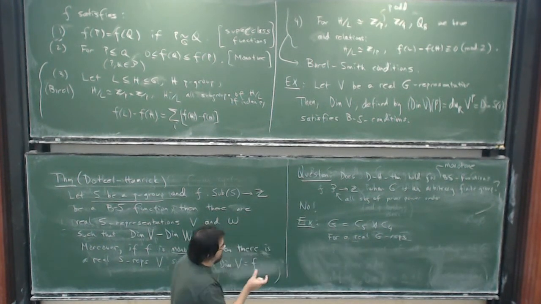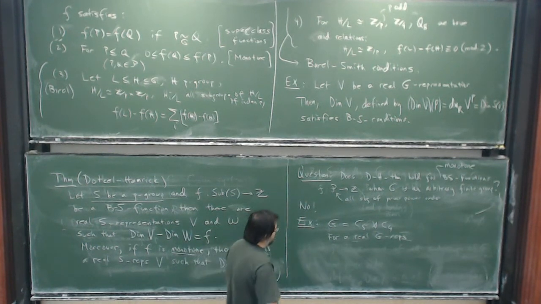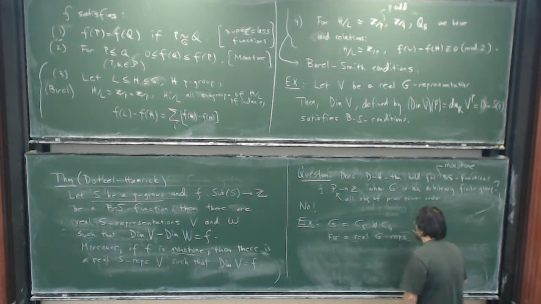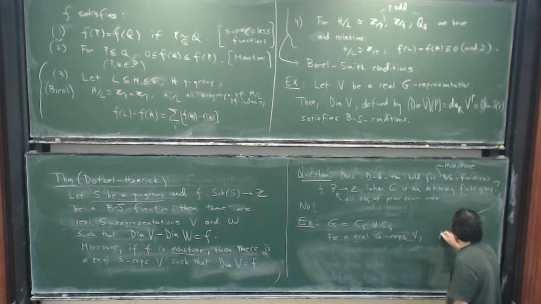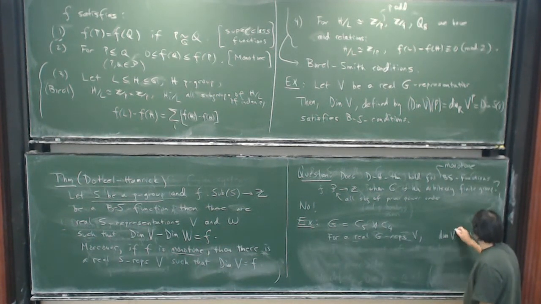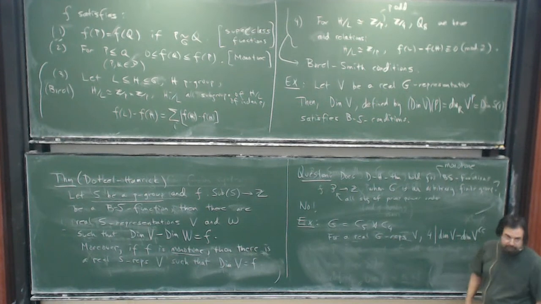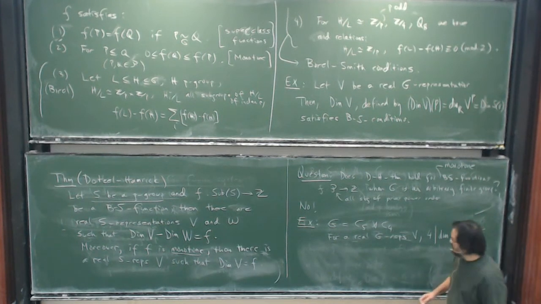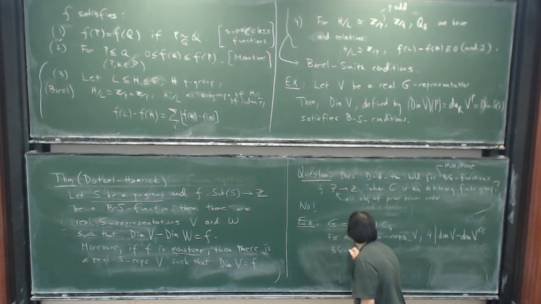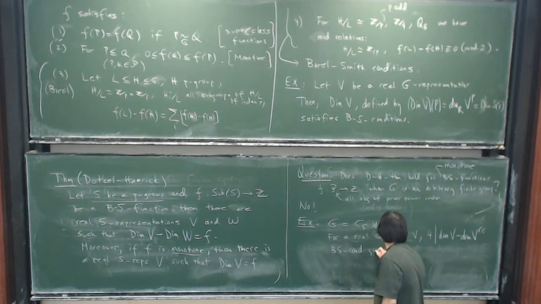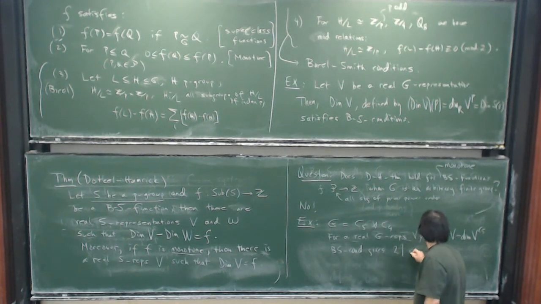So you can only have the augmentation ideal, or you can have the trivial one. So this tells us that dimension of V minus dimension of V^C5 is divisible by 4. But I have no Borel-Smith condition that tells me this. Borel-Smith conditions give only that it's divisible by 2.